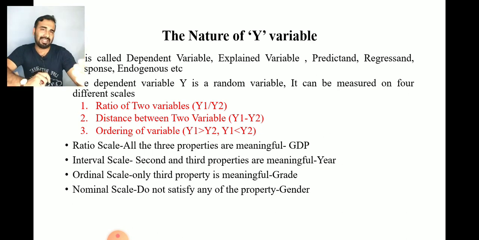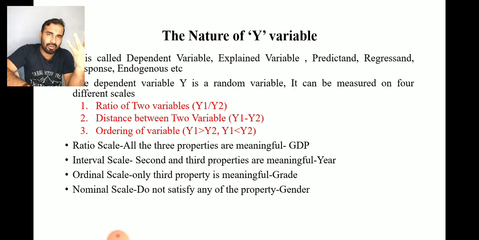Okay. So if all those properties are satisfied, it is a purely quantitative variable known as a ratio scale variable. Just the exact opposite of this, where all four of those properties are not meaningful, is called a purely qualitative variable. Okay, so the nominal scale variable. In between these two, there are certain cases that are qualitative but not purely qualitative.